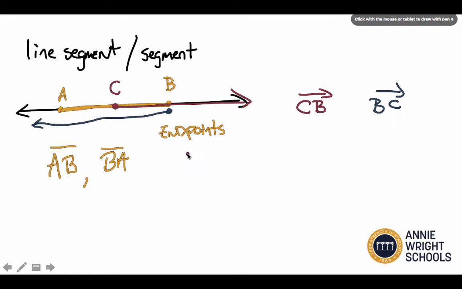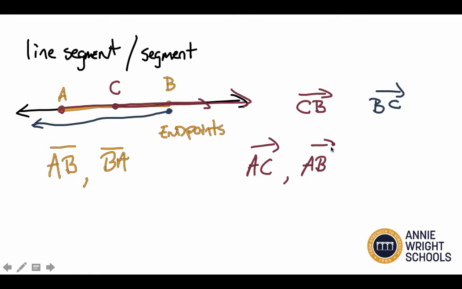Another ray that we might look at is ray AC. Starts at A, goes forever in the direction of C. That ray would be the same as ray AB. Starts at A, goes forever in the direction of B. Good? Take a look at ray CA and a look at ray CB.